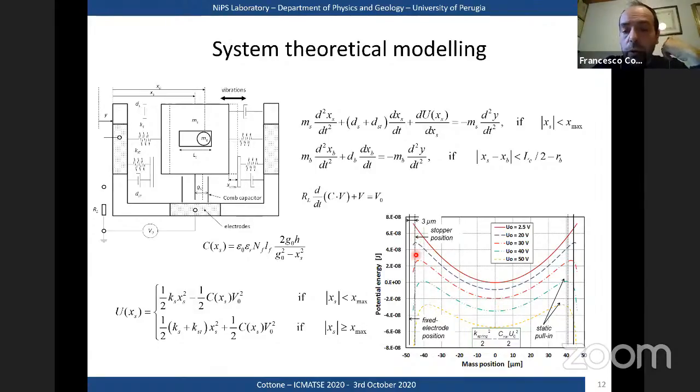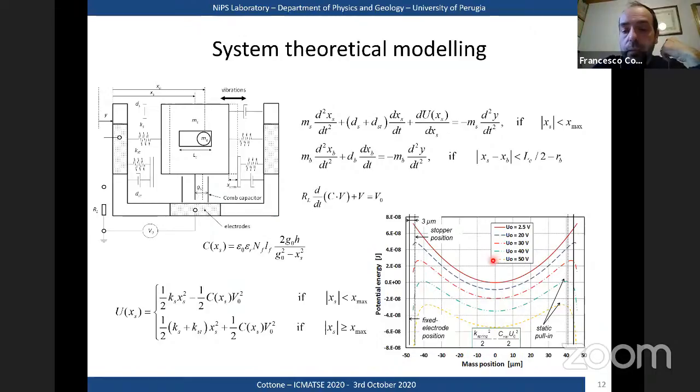In particular, you can notice that very far from the equilibrium position of the center, the elastic potential energy starts to show some wells. These wells are due to the electrostatic pulling force that is generated between the electrodes of the comb when they are very close.